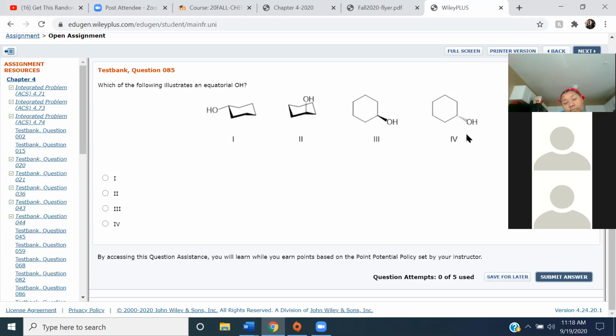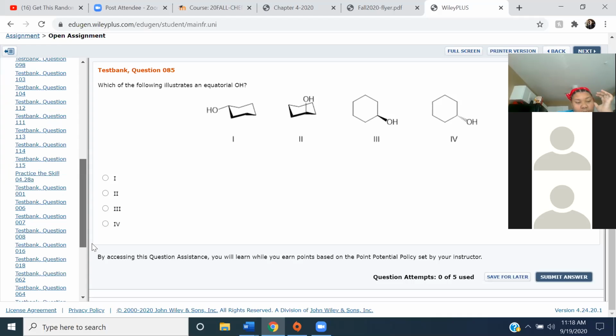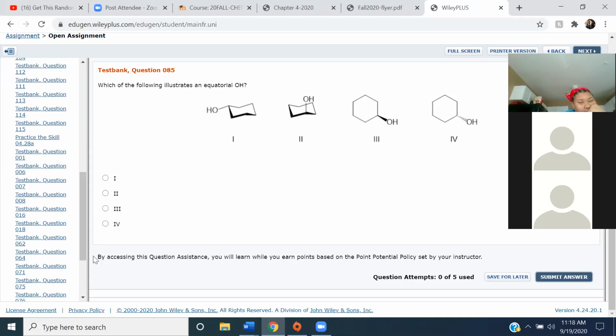Wait, what question are y'all on? 85. I'm trying to find the question. Did you scroll down some? Yeah, I skipped towards the bottom. Oh, okay, I see. So which of the following illustrates an equatorial OH? We know it's not 2 because that's axial.